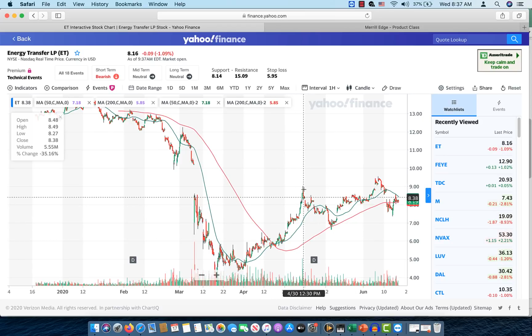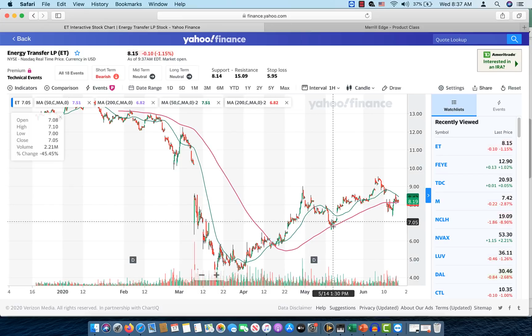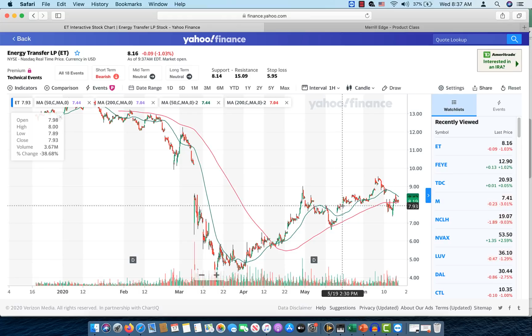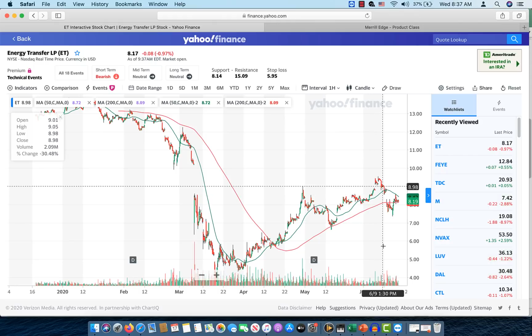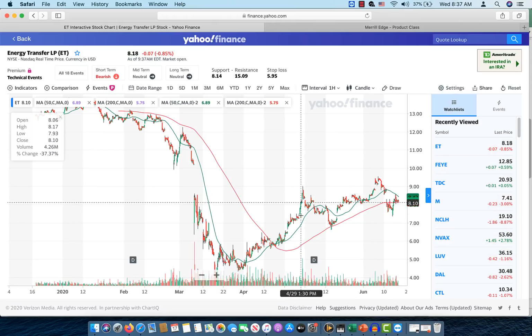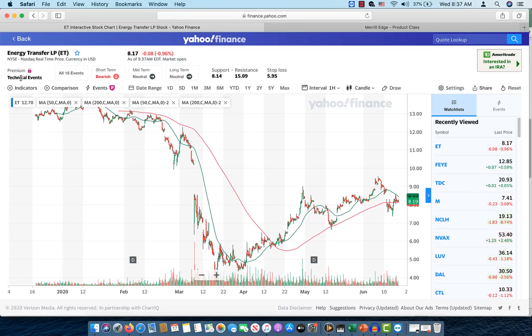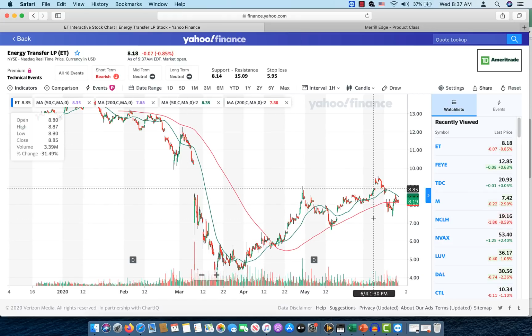It doesn't really state that sometimes here. You see what I'm saying? It's kind of confusing, but it did touch the 200-day and then it bounced back, which was a great thing because the 50-day didn't cross back over and go to a more bearish move. So if you look based off the hourly chart here for ET, we're still with the bulls.